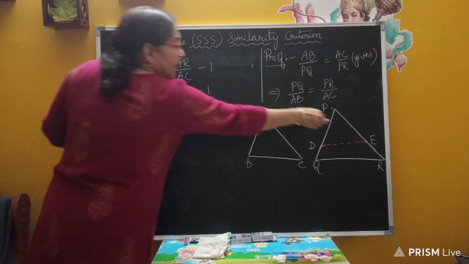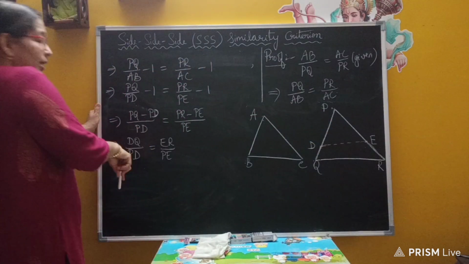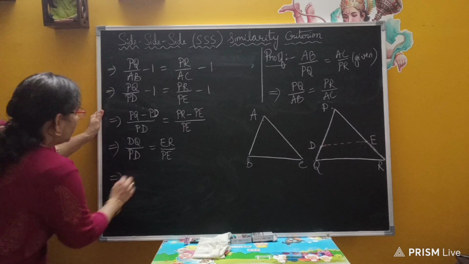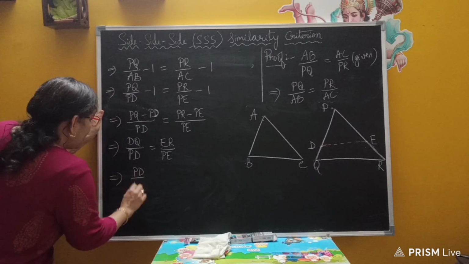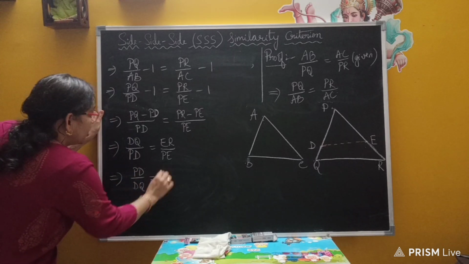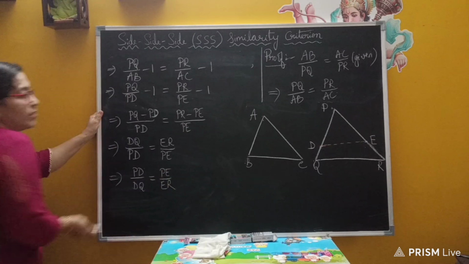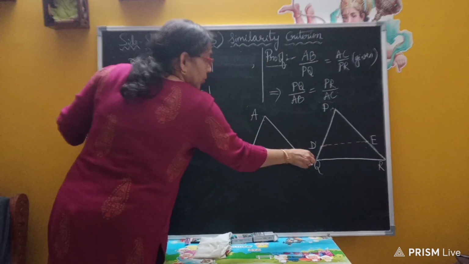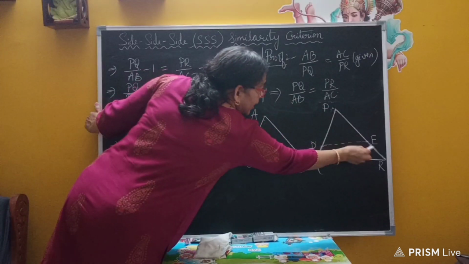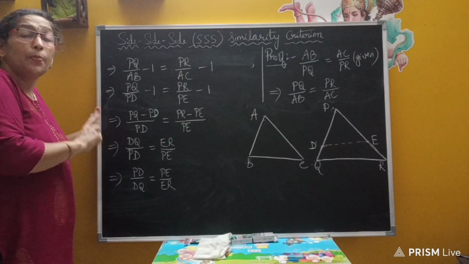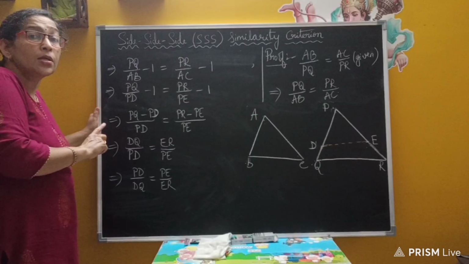So we got DQ by PD is equal to ER by PE. Now let us take the reciprocal of this. What do we get? PD by DQ is equal to PE by ER. What do you say about this now? You have learned this in the basic proportionality theorem or Thales theorem.